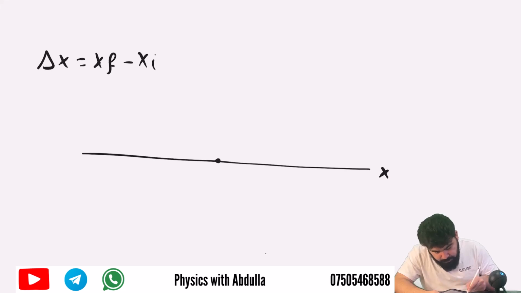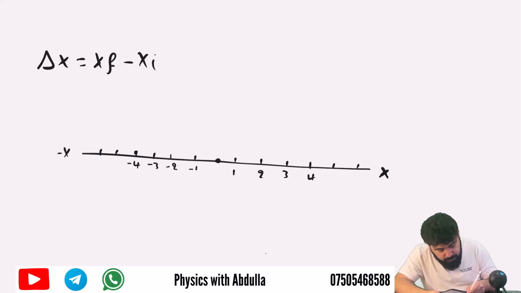Okay, x here and then negative x here. Let's say 1, 2, 3, 4, 5, and 6. 1, 2, 3, 4, 5, and 6. So you have 1, 2, 3, 4. 4 is enough. Negative 1, negative 2, negative 3, negative 4.